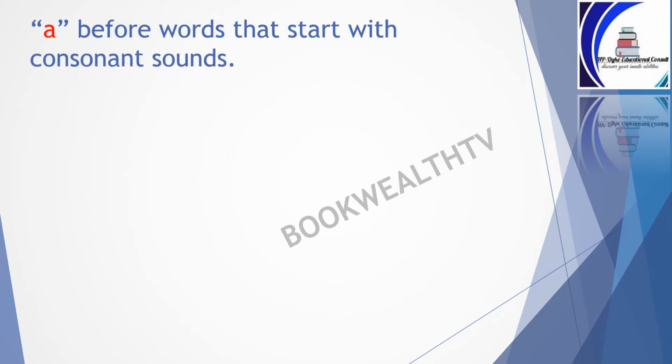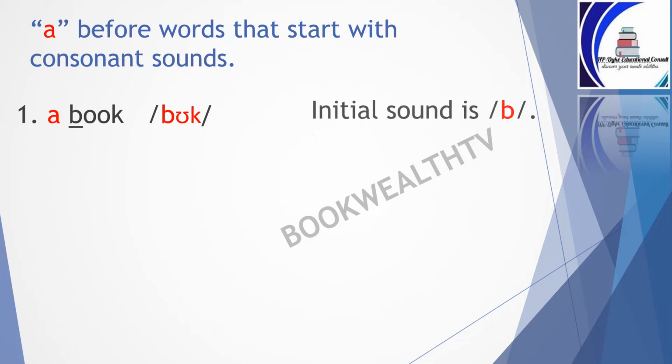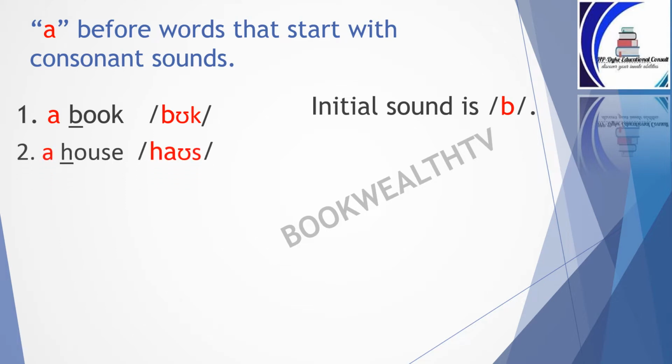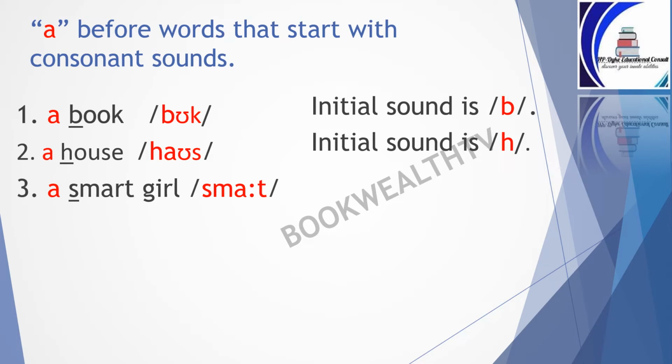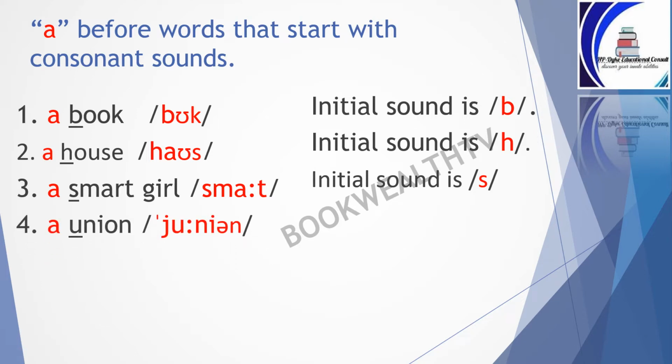Article A before words that start with consonant sounds. A book, book. Initial sound is B. A house, house. Initial sound is H. A smart girl, smart. Initial sound is S. A union, union.